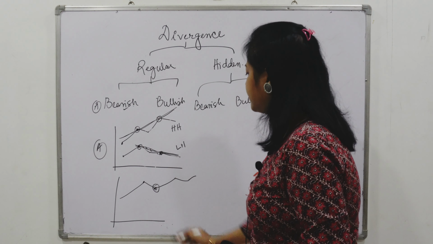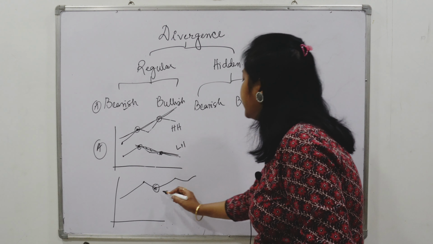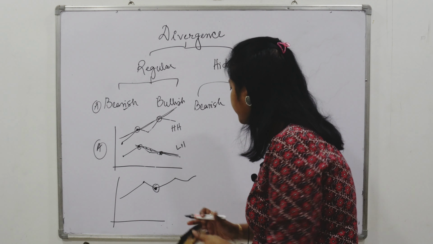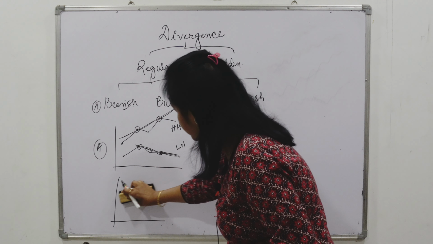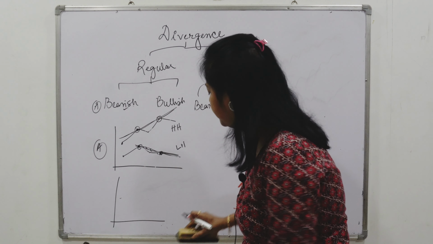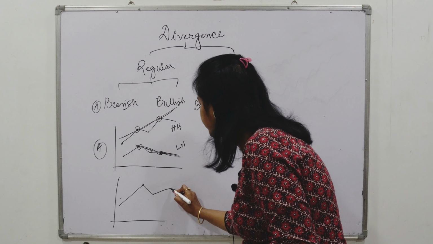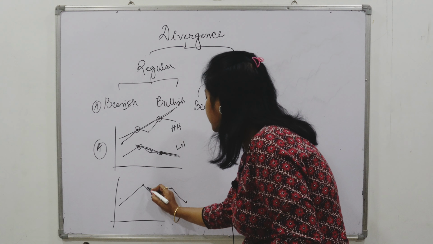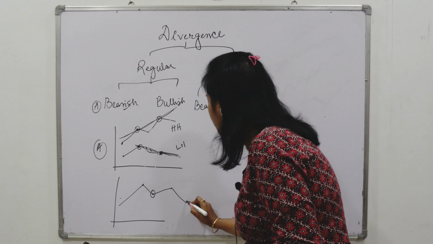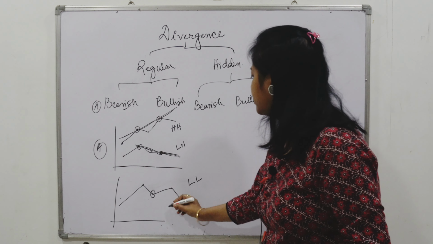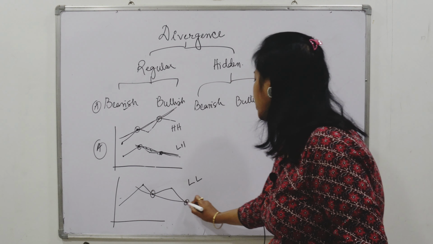Let's understand this. I'll just explain it a bit more clearly. Suppose the price has taken a lower low. Okay, the price has taken a lower low. As you can see, the price has taken a lower low.